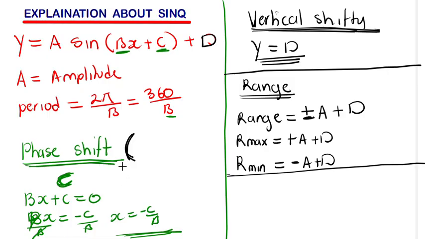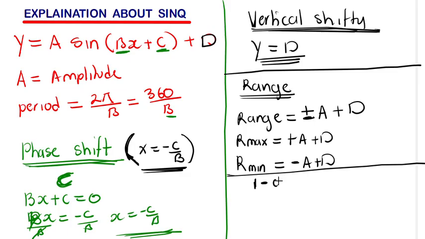The phase shift in this situation is x is equal to negative c over b. That is what you need to take note of.